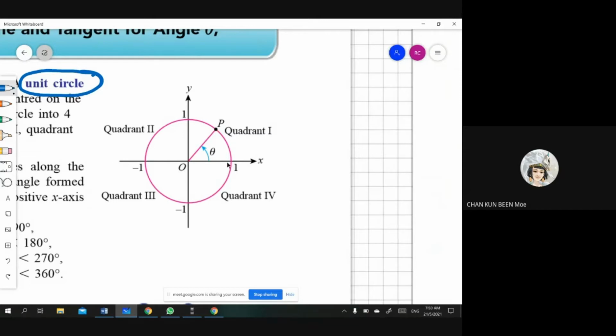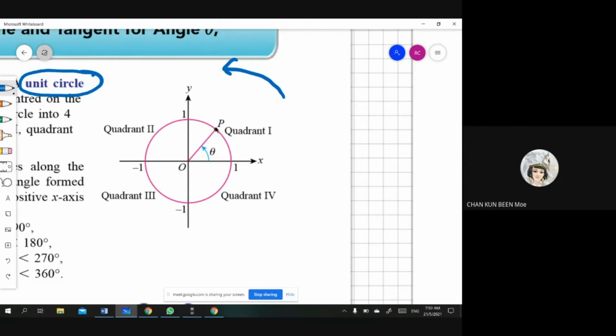So the x-axis and the y-axis over here will divide the circle into 4 parts. Okay, 4 equal parts, whereby the first one over here, we call quadrant 1, and then quadrant 2. After that, we have quadrant 3, and then quadrant 4. It is in anti-clockwise direction. Okay, so now you're given a point P over here.